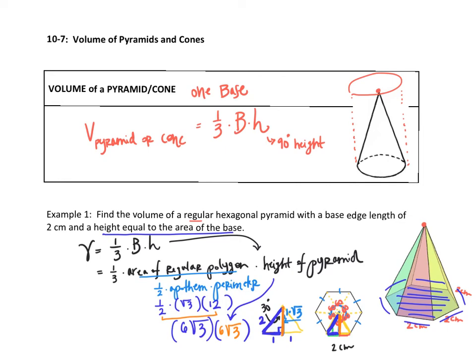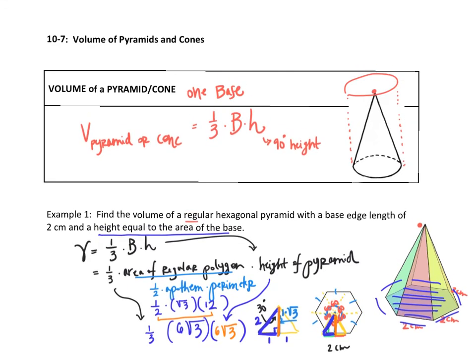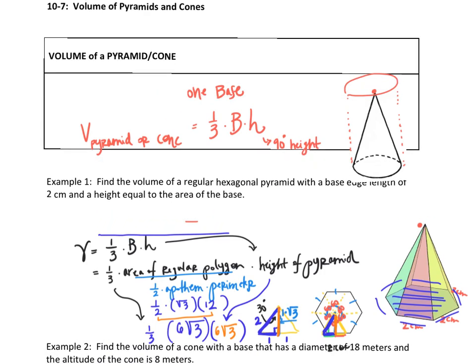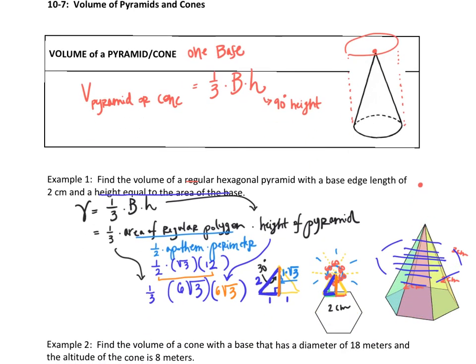That's the 3 dimensions, because area is 2-dimensional, and then the height is the 3rd dimension. And then since it comes to a point, I can't forget that this is 1/3 area of the base times the height.